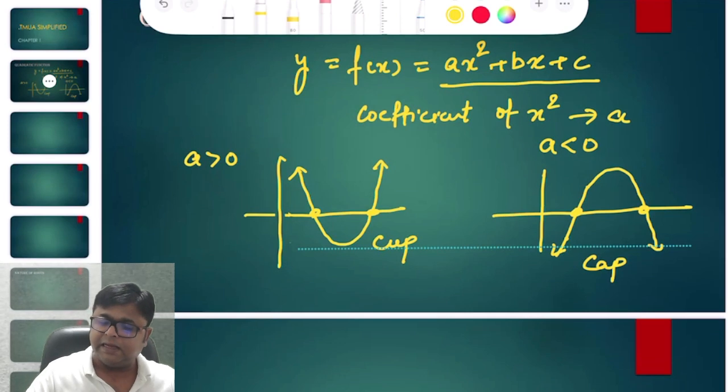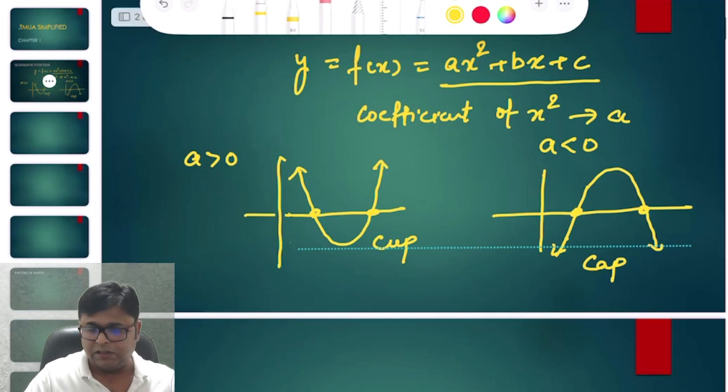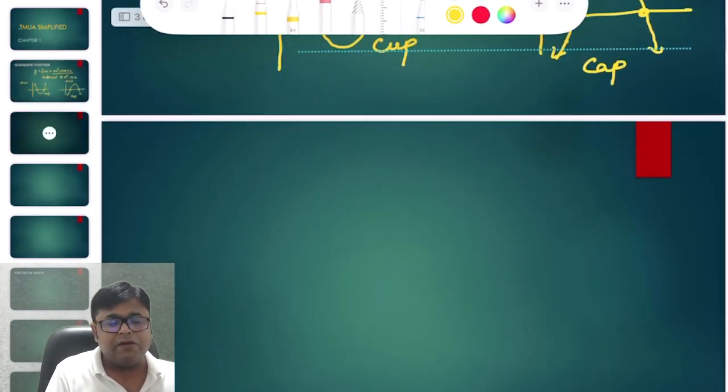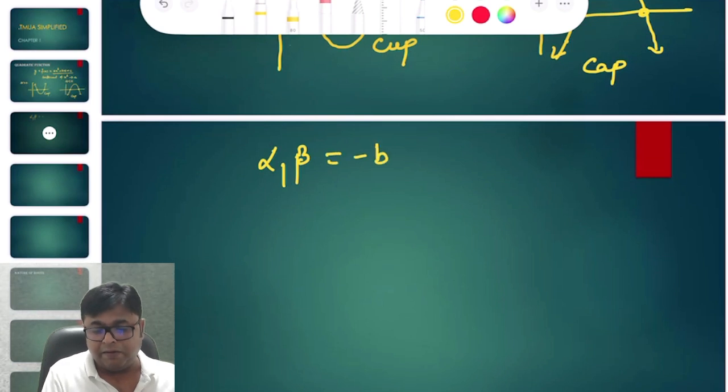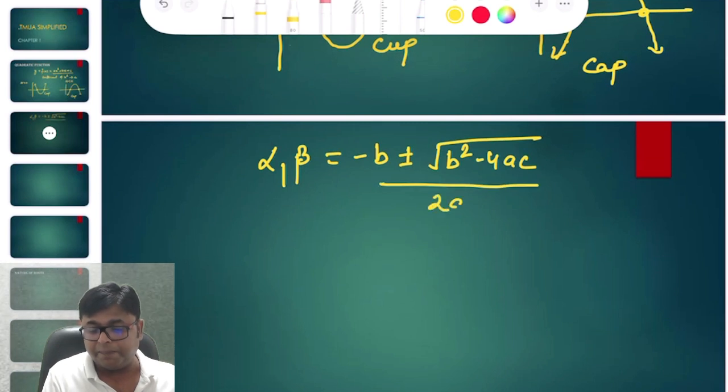Now the next thing is, how do we calculate roots? We have all done that in our schools, and that is the method of factorization. But again, there is a formula also. If the two roots are alpha and beta, then they are given by (−b ± √(b² − 4ac)) / 2a.